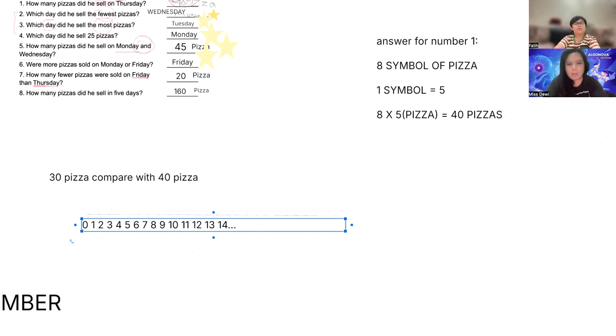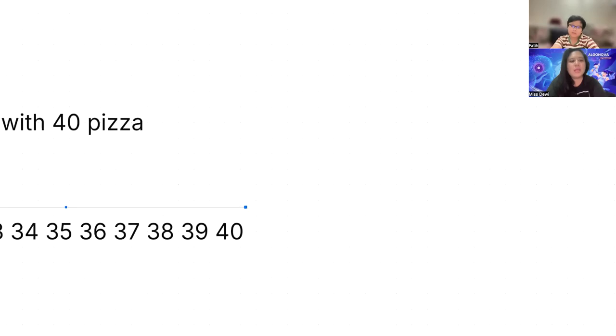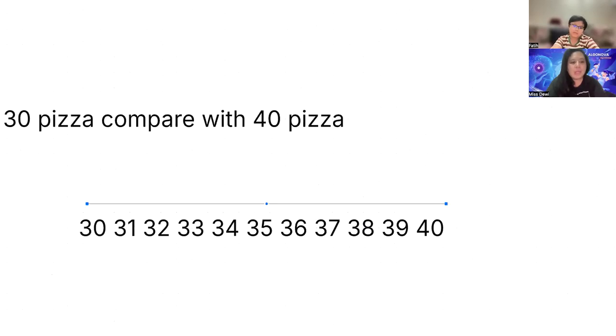Now, since they're asking how many fewer, you have to see the gap between these. Let's count together. 1, 2, 3, 4, 5, 6, 7, 8, 9, 10.